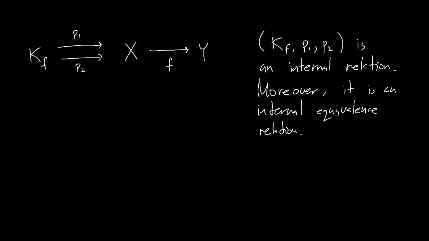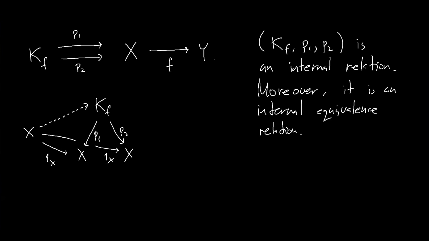And I think we also discussed that these diagrams can be obtained using the language of generalized elements in a different lecture. So let's quickly write them out. Reflexivity means that if I take the identity morphisms, 1X and 1X, there is this factorization.